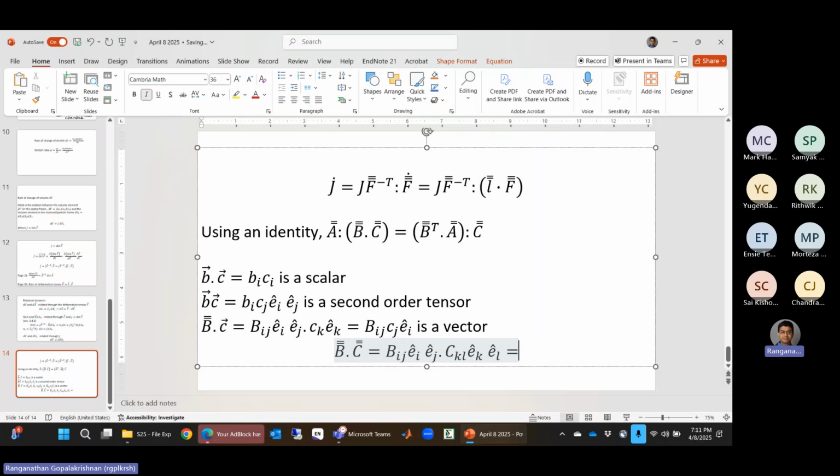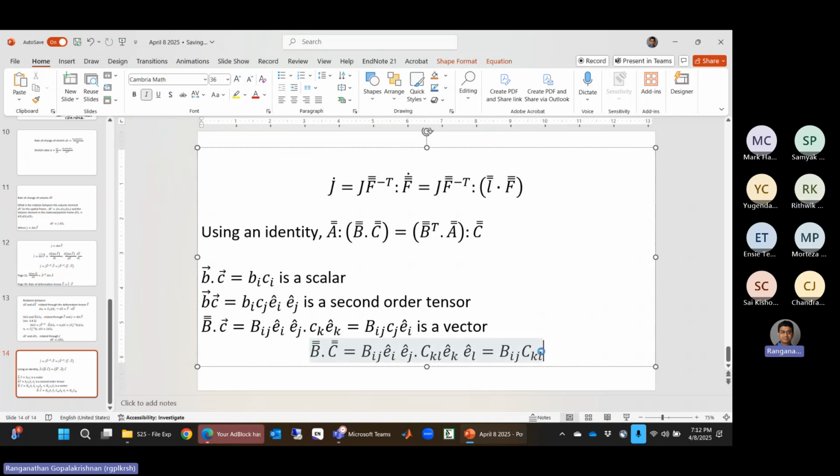A dot product eliminates two indices; it reduces them to just one, right? You get a delta function. So you get B_ij C_kl, and then you have e_j dot e_k, and e_i e_l.